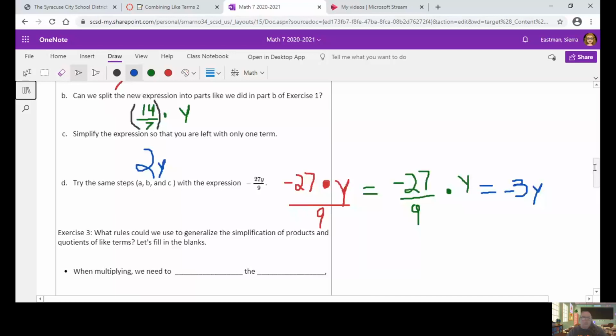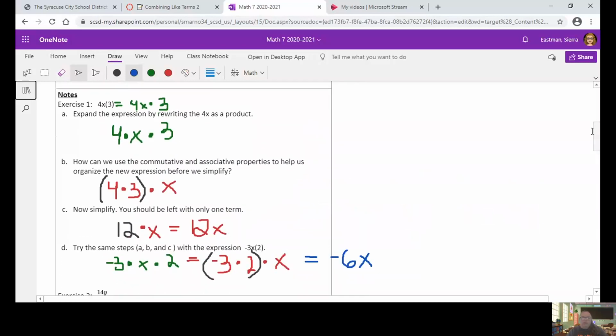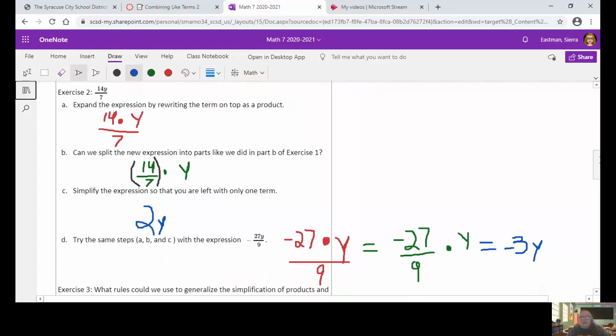In exercise 1, when I was multiplying, all I did was multiply those coefficients. 4 times the 3 got me to 12, and then I kept my variable the same. Or for part D here, negative 3 times the 2 got me a negative 6, and then I kept my variable the same.